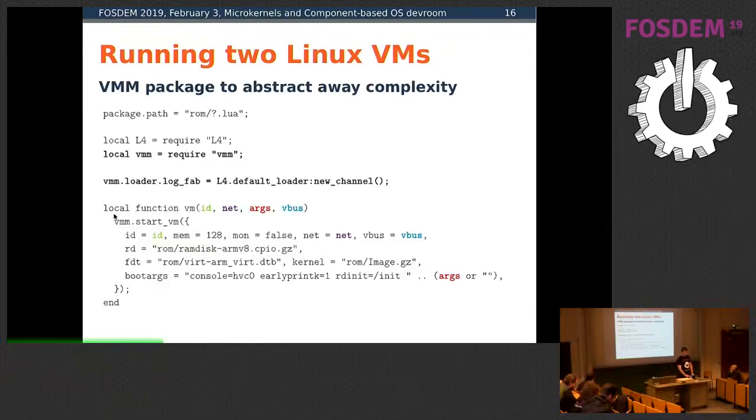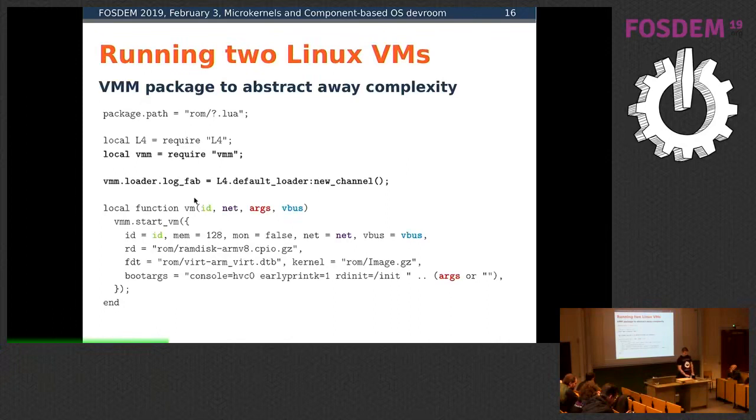For instance, we can define a Lua function called VM around its start_vm method and just give it some arguments such as the number of the VM that we are starting, some network capability, some boot arguments, and also a capability for accessing the I/O devices.